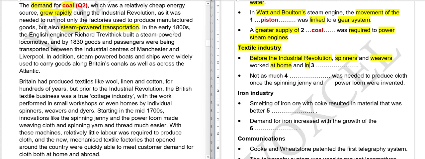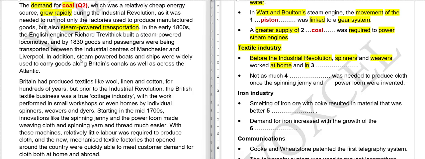In the early 1800s, the English engineer Richard Trevithick, sorry if I'm mispronouncing it, built a steam-powered locomotive, and by 1830, goods and passengers were being transported between the industrial centers of Manchester and Liverpool. So here they're just saying for what purpose steam-powered locomotives, basically trains, were being used.